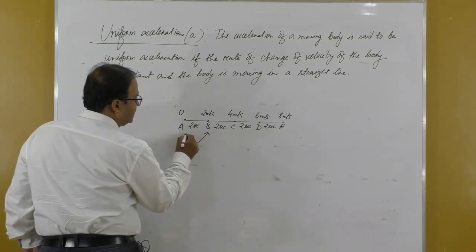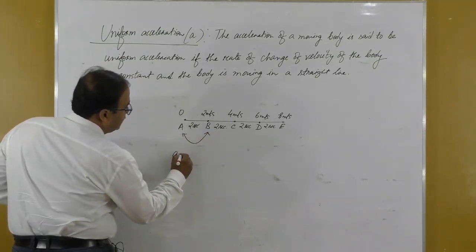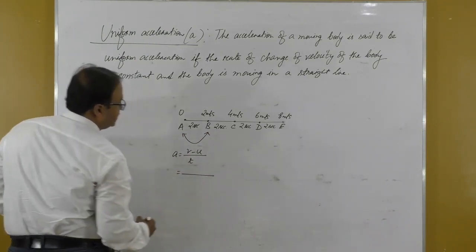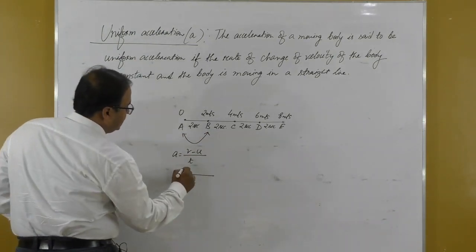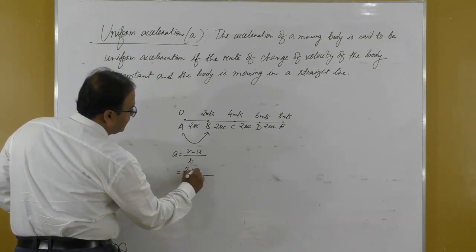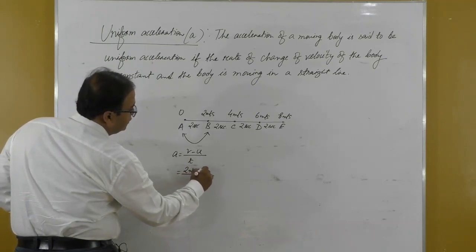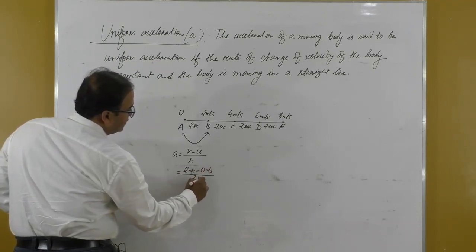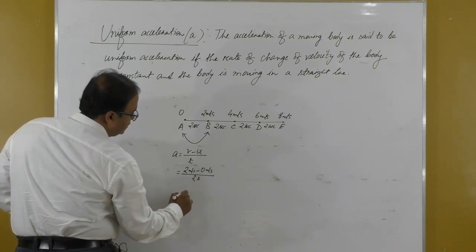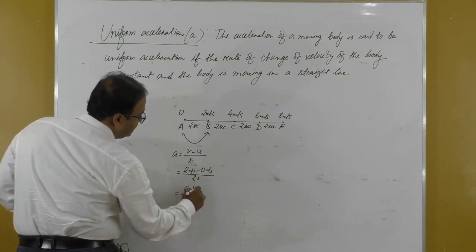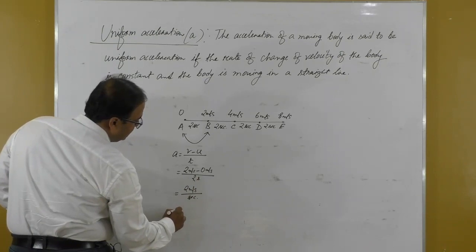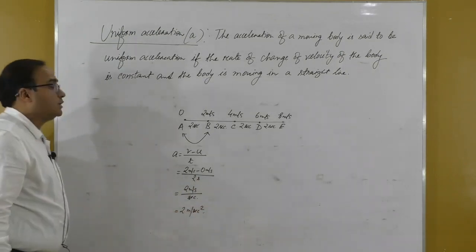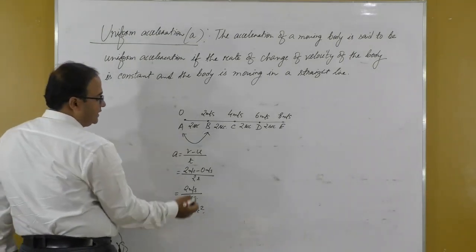If you find the acceleration in this part, a is equal to (v minus u) by t, so it is 2 meter per second minus 0 meter per second, divided by 2 seconds. You will get 2 meter per second square. So we are getting the acceleration from A to B as 2 meter per second square.